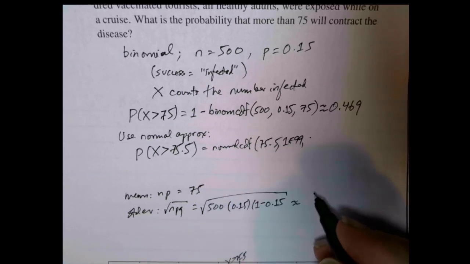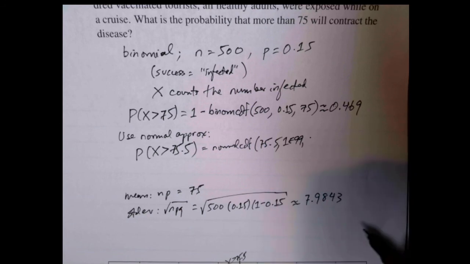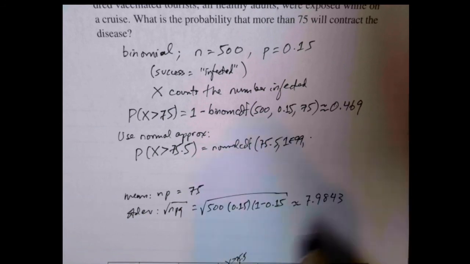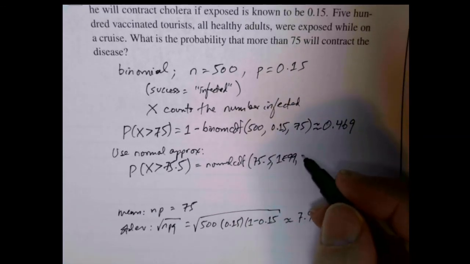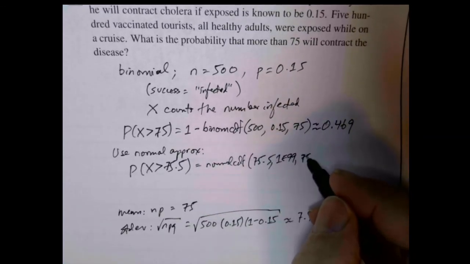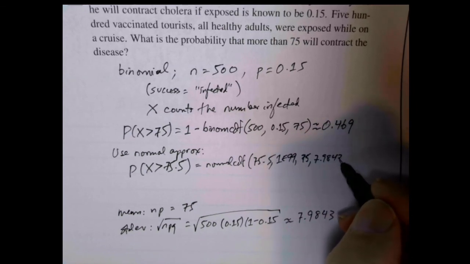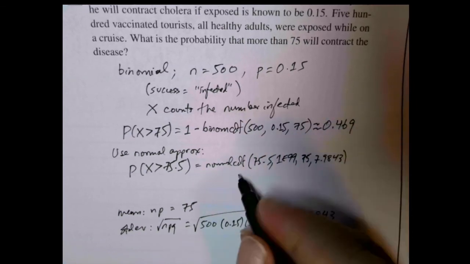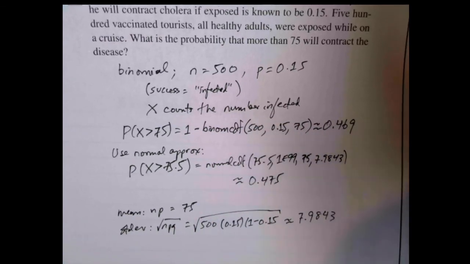That turns out to be, let's see, 7.9843. Close enough. So when you go to put this in normal CDF, you would put in 75 for the mean, and 7.9843 for the standard deviation. And you end up with 0.475 for the probability.